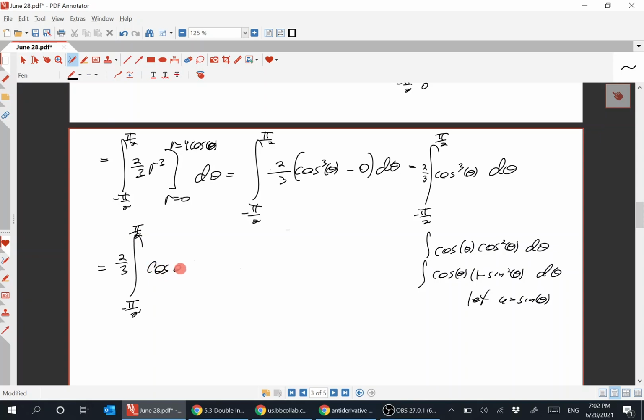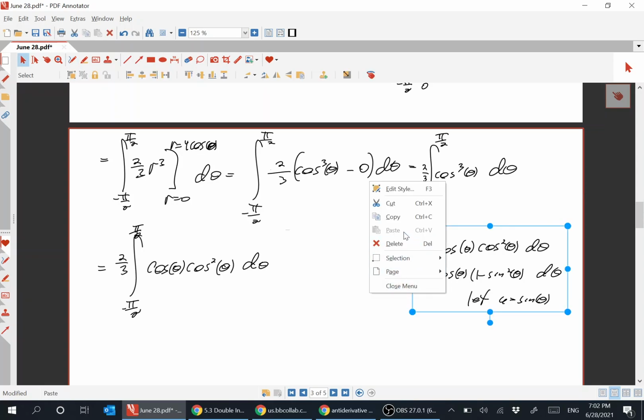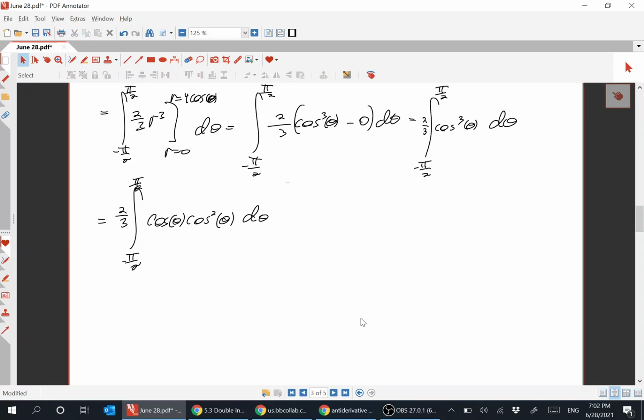So this is cosine theta times cosine squared theta d theta. So this is equal to 2/3 cosine theta 1 minus sine squared theta d theta.